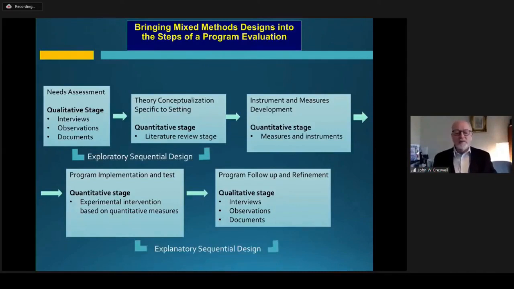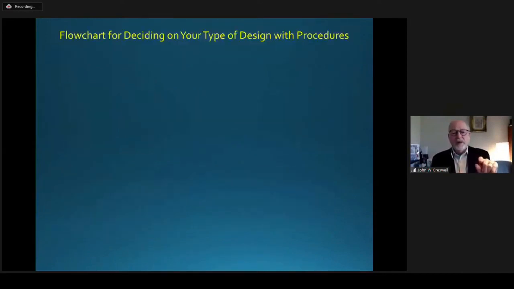And right here, this is embedding an explanatory sequential design in the steps of evaluation. So this is an example of a complex design. We're embedding the core designs in the steps or stages of an evaluation project.